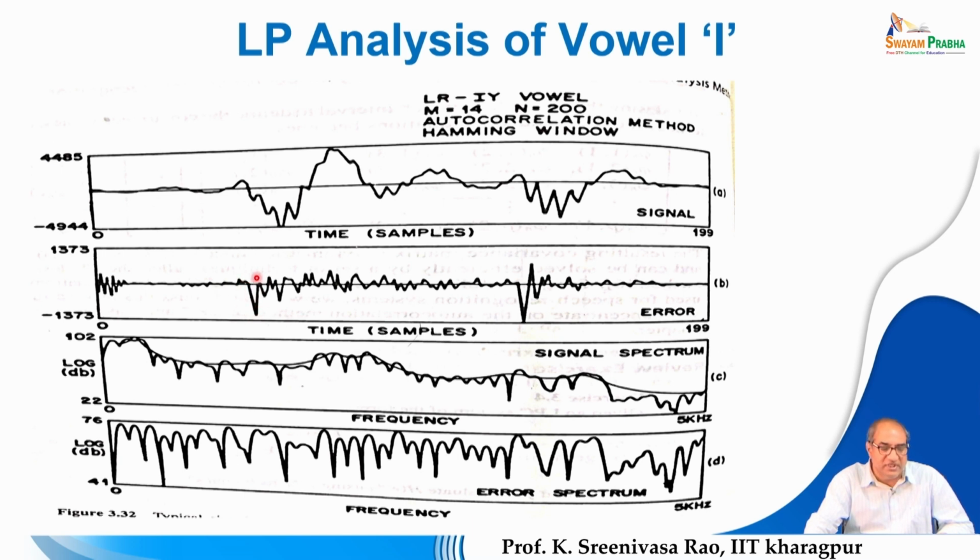This is nothing but glottal closure. At the instant of glottal closure the vocal fold suddenly closes. Because of that the impulse will be generated, and that will be propagated through the oral cavity, and then the resonances of the vocal tract will be superimposed on it.